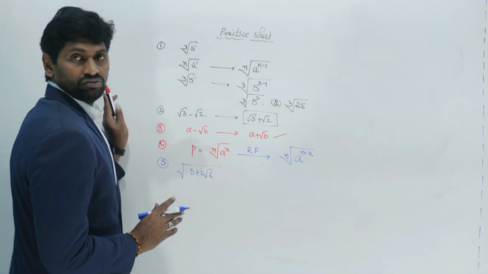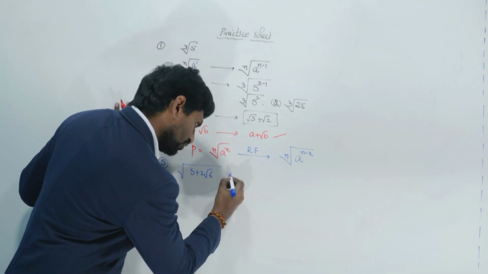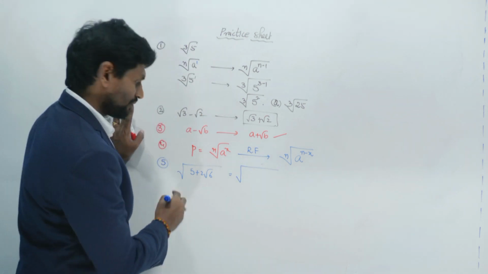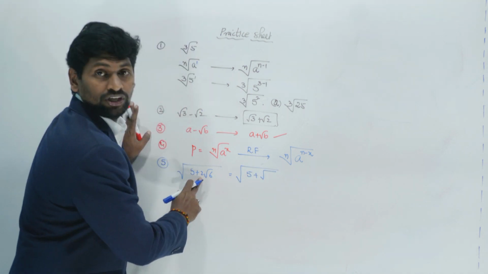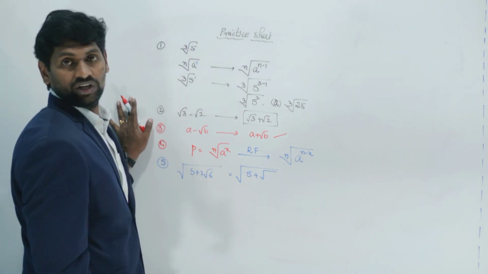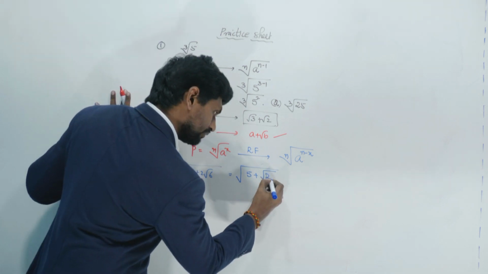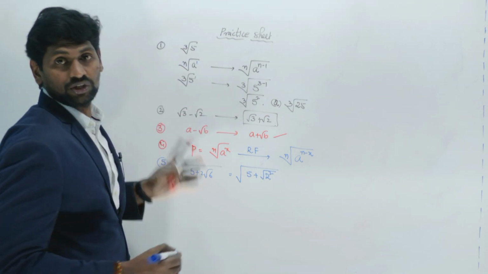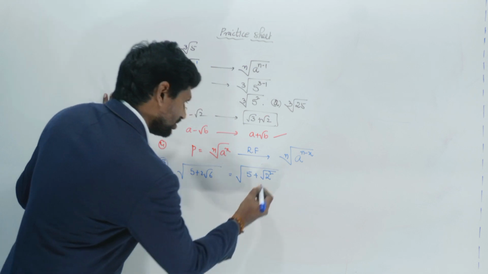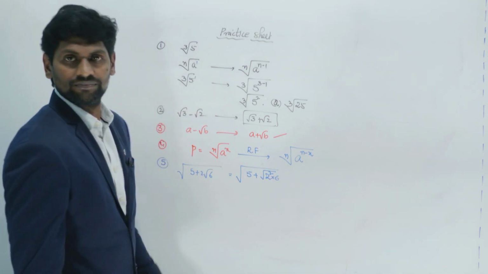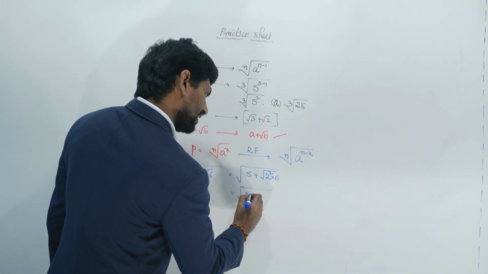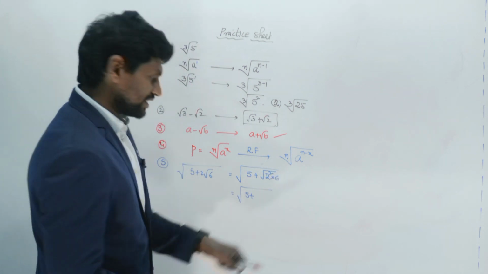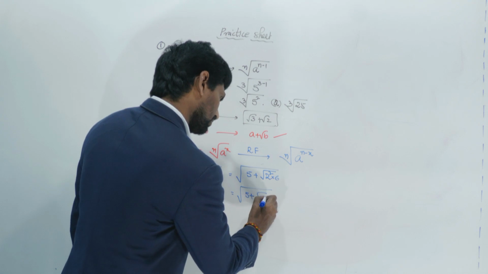Now this I am going to write as root over 5 plus root, and this 2 I am going to take inside the square root. Whenever you take the square root, it becomes a square number; if you take the cube root, it becomes a cube number. So 2 square into 6. That equals the square root of 5 plus 2 square value 4, 4 sixes are 24, root 24.